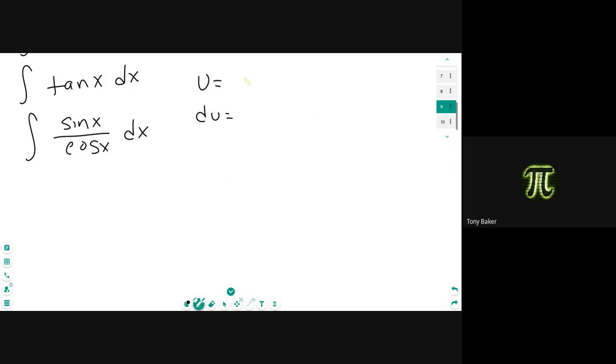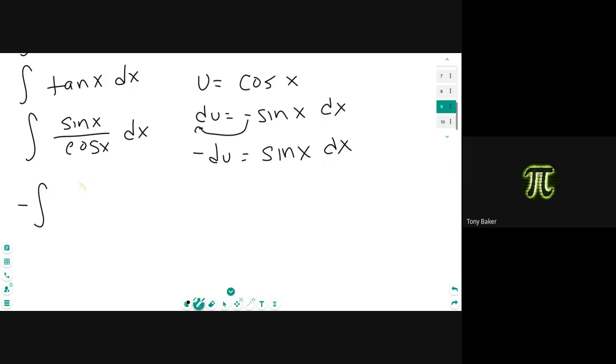If we make it cosine x, then I have negative sine x dx, which is at the top. I just have to move this negative sign. So I have a negative sign out front.